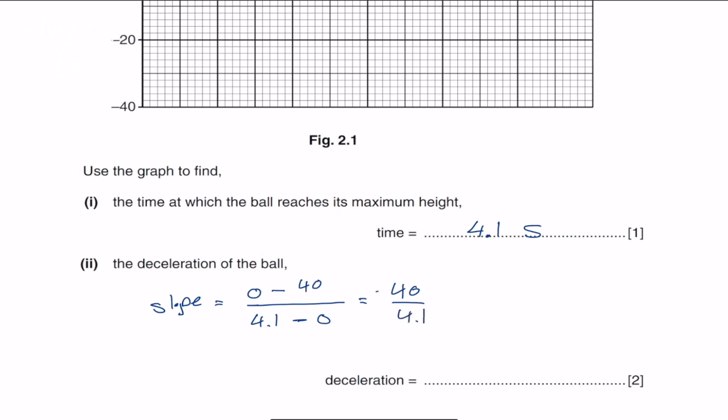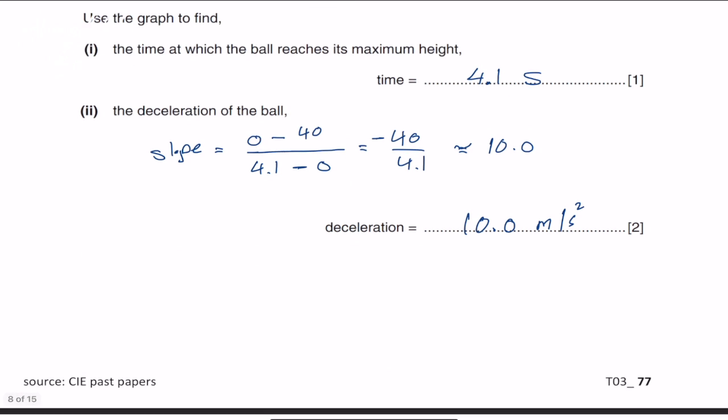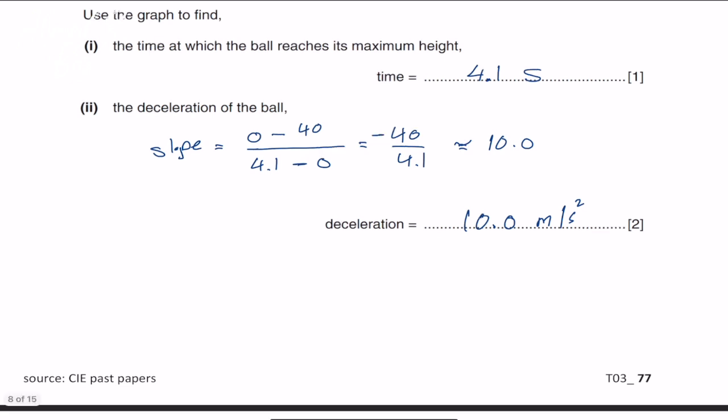Remember, this is negative because it's deceleration. So 40 divided by 4.1 gives you 9.9, or you can write approximately 10.0 meters per second squared. Don't worry about the negative sign because it's written already, it's deceleration. So if you write it or not, it doesn't make a big difference, because the deceleration is 10, or I could say the deceleration is negative 10. This negative means deceleration. So no doubt in this. It's 10 meters per second squared when it comes to the deceleration of the ball.